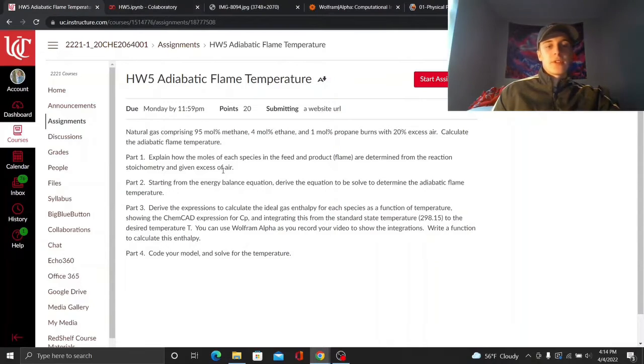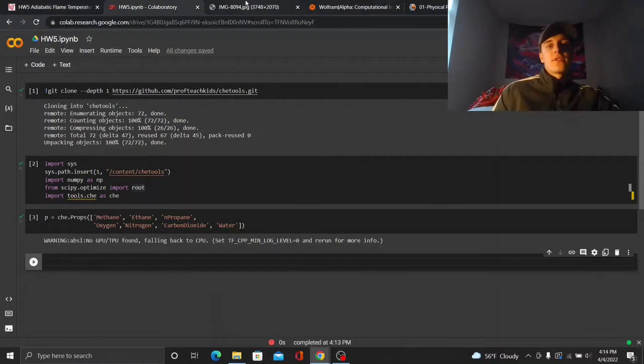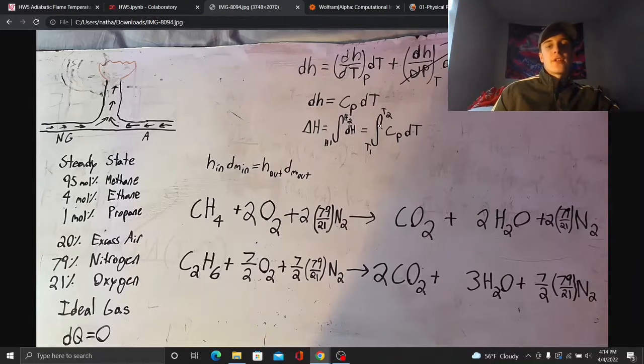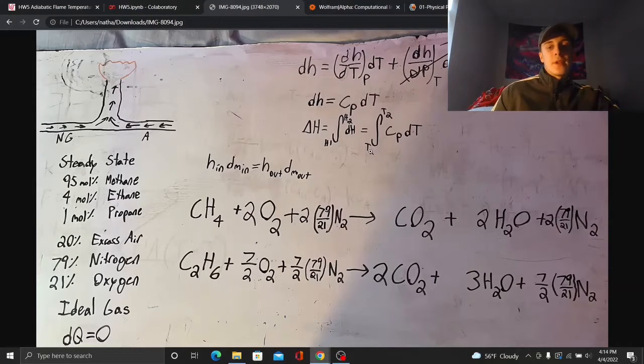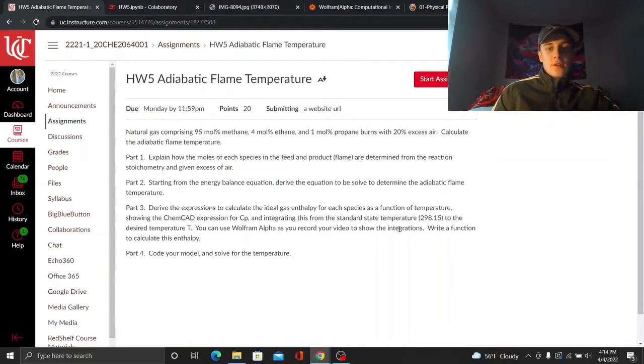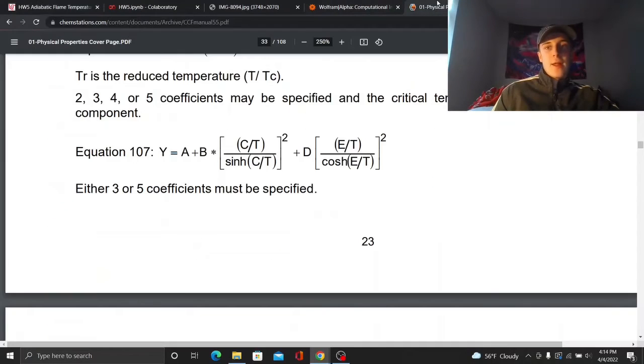So in order to get a function for the ideal gas enthalpy, we're going to want to integrate that equation we found, equation 107, from two temperatures: our standard state temperature of 298.15 to the desired temperature T. So we're going to be integrating this function, and we can split that up into the different additive coefficients here.